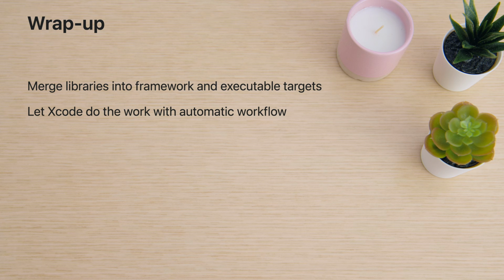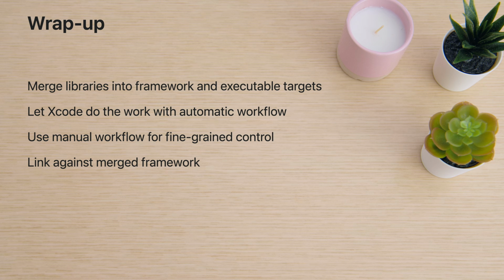You can have the build system merge all direct framework dependencies by using the automatic configuration. But when you need to pick and choose which dependencies to merge, this can be done with the manual mode. And lastly, when updating your project to use mergeable libraries, ensure all dependents of those libraries are relying on the merged binary instead of the libraries that get removed.